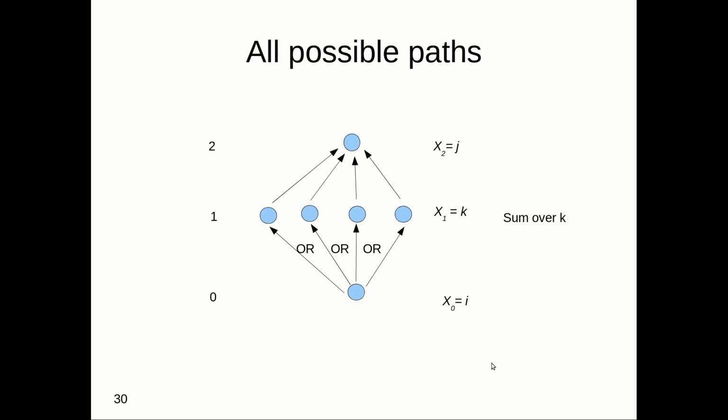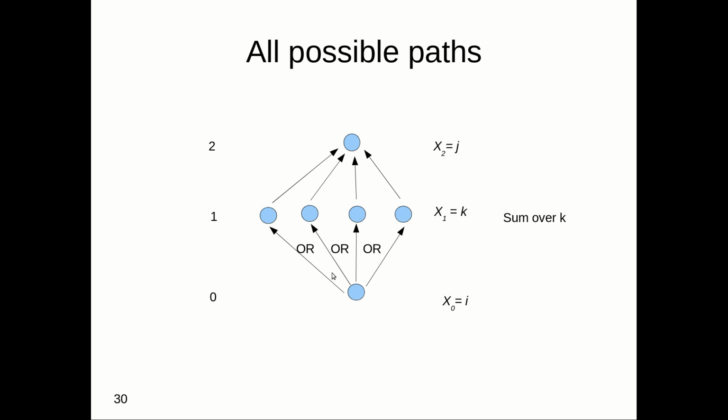Okay, so just to illustrate a little bit how this comes about in our time steps, in a very simple example, this could be our Markov diagram. This is state i, and this is state j after 2 time steps. Then we could have some intermediate states, which are listed as k.